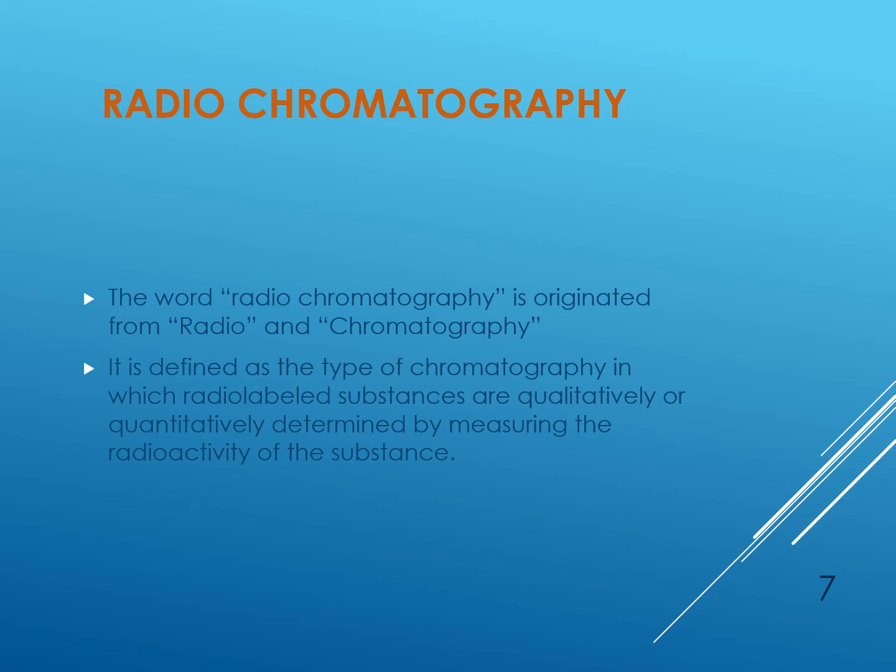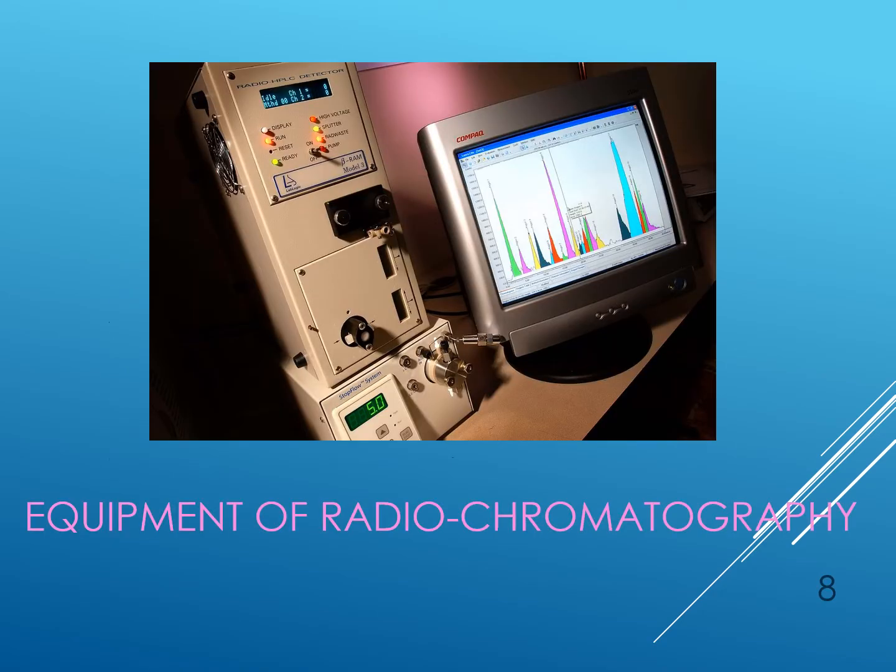It is defined as chromatography in which radio-labeled substances are qualitatively or quantitatively determined by measuring the radioactivity of the substance. Here is the schematic diagram of the equipment of radiochromatography.